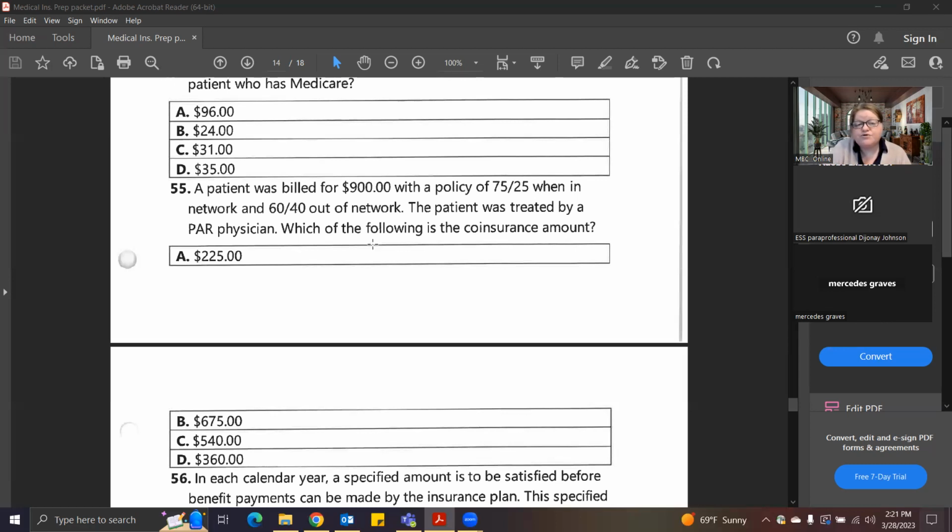So the patient was treated by a par physician, which means participating. They were in network. So which of those is going to apply to this provider, the 75/25 or the 60/40?